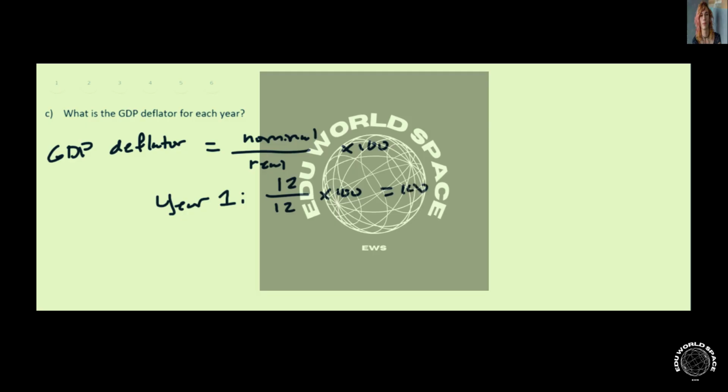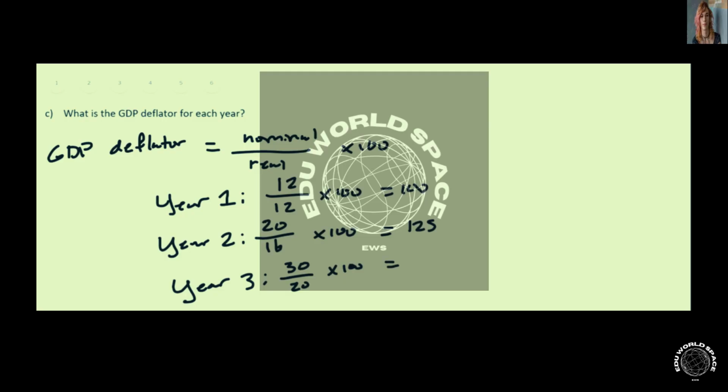The GDP deflator is always going to be 100 for the base year. The year 2 GDP deflator, we have nominal GDP, which was 20, over real GDP, which was 16 times 100, which equals 125. And year 3, we had 30 over 20 times 100, which equals 150.